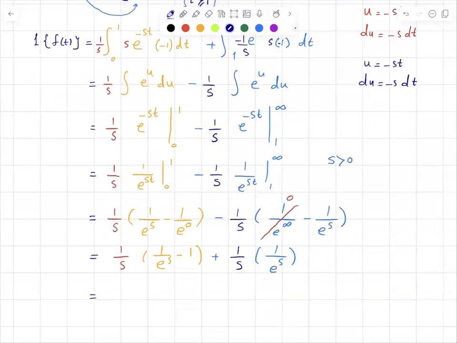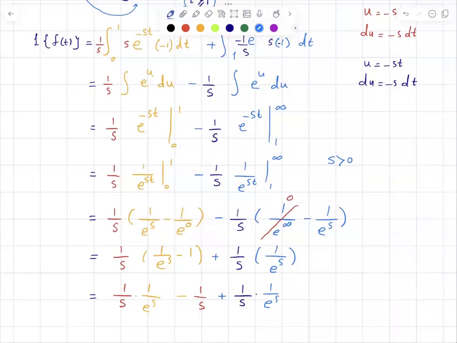This is 1 over s times 1 divided by e to power s minus 1 over s. Plus 1 over s times 1 over e to power s.